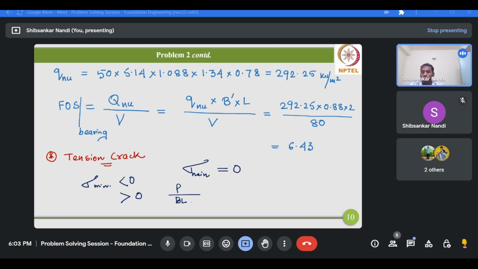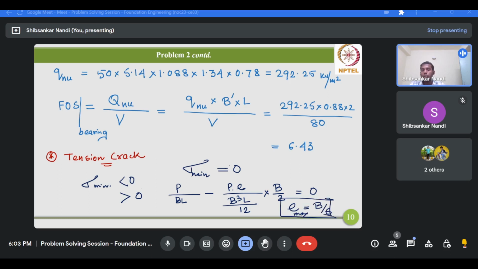Right now I am not talking about the modified area. So B times L, and then this M is P times E, divided by B cube L by 12, times B by 2, equal to 0. Now if we solve this equation, you will get the value of maximum eccentricity E max as B by 6.